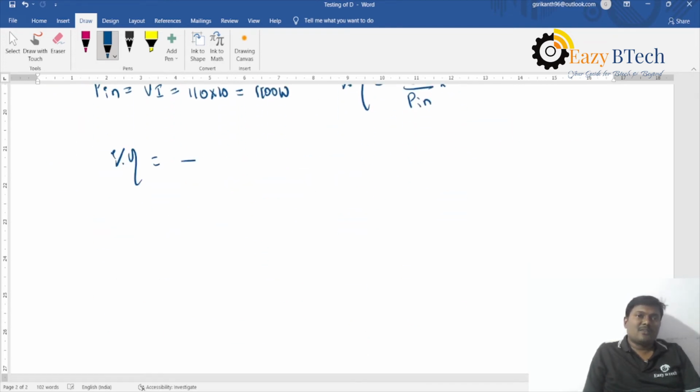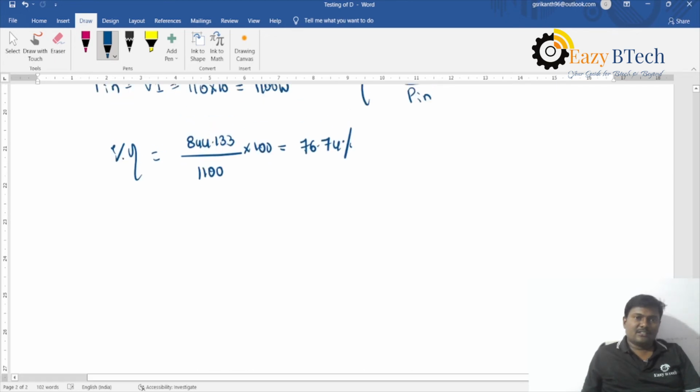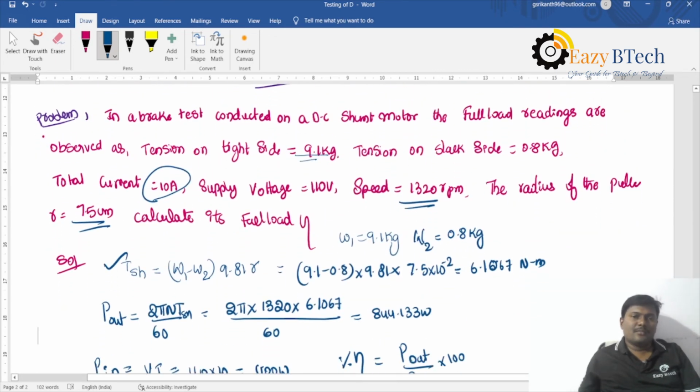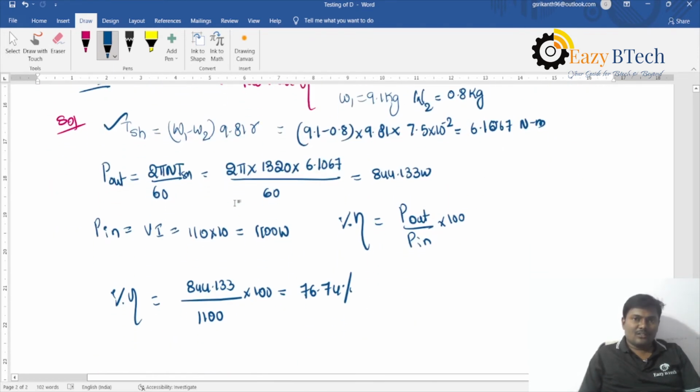Efficiency is power output by power input into 100: 844.133 by 1100 into 100, which is equal to 76.74 percent. So this is one of the important problems on the brake test on a DC shunt motor.